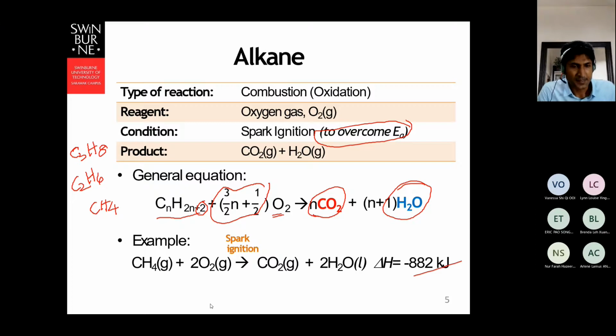That is a different thing, just for your information. So in combustion, the hydrocarbon is totally destroyed, producing carbon dioxide and water vapor. There is no more hydrocarbon left here.